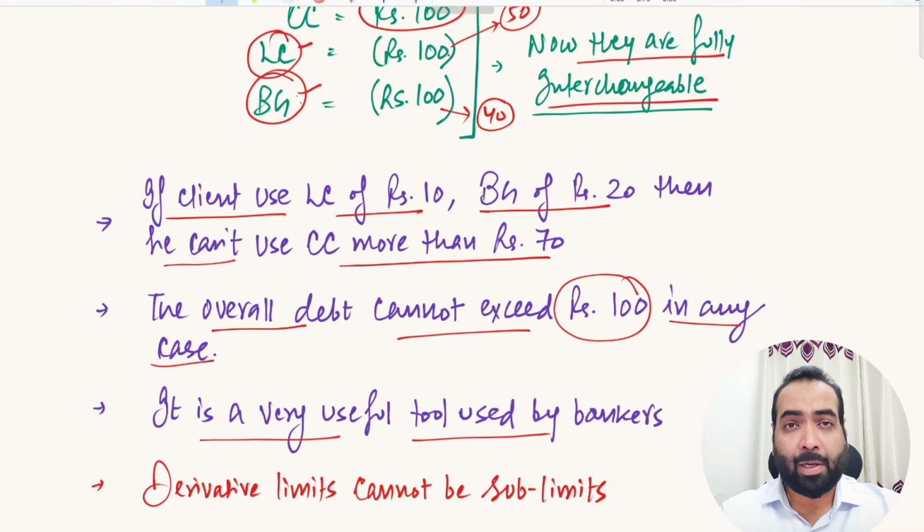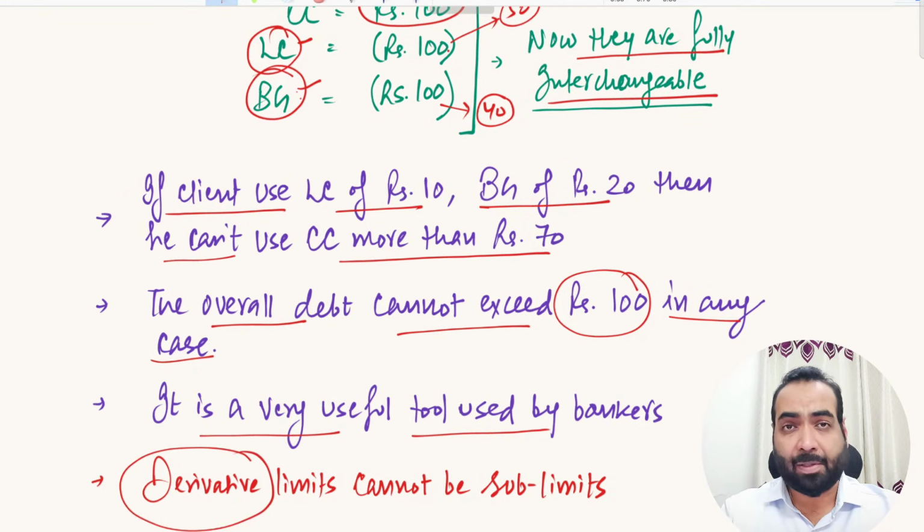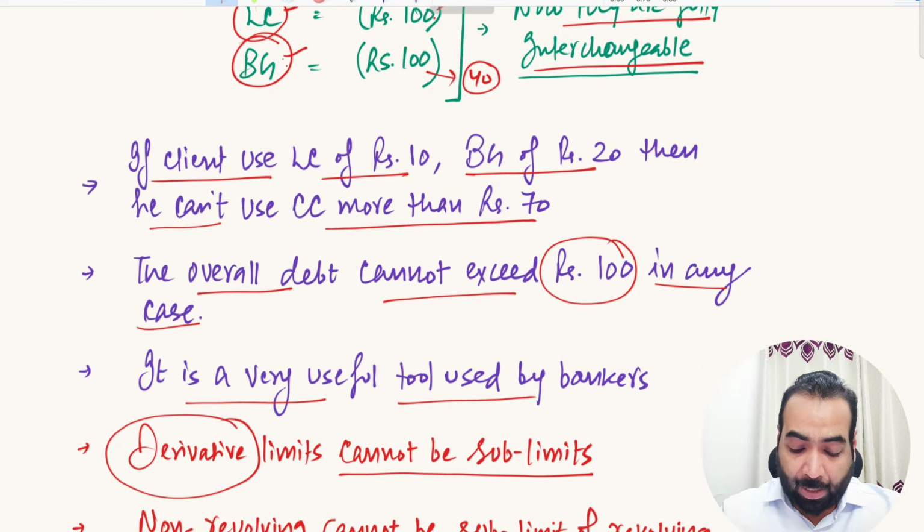One or two pointers that I need you to understand: the derivative limits that we discussed in the previous videos, like forward cover, interest rate swaps, currency swaps, cannot be given as sublimits. You have to take them as separate exposure only, separate sanction only. They cannot be given as a sublimit of any facility, right? So always remember this. And the second thing is, a non-revolving facility cannot be a sublimit of a revolving facility.